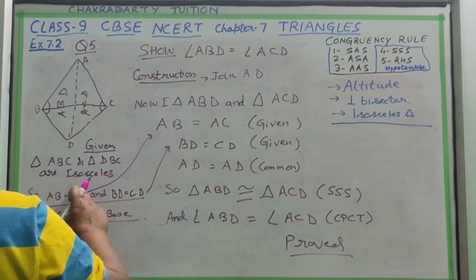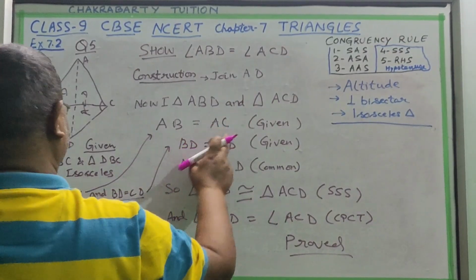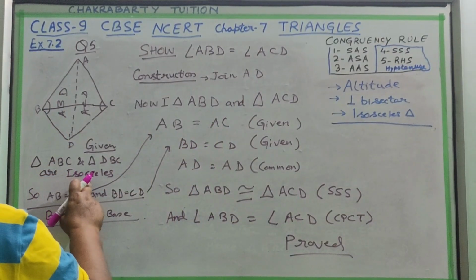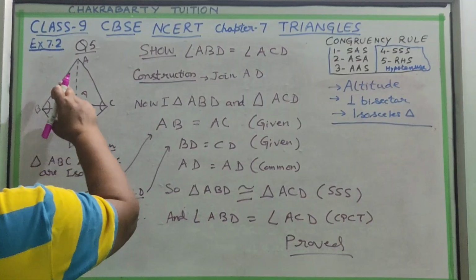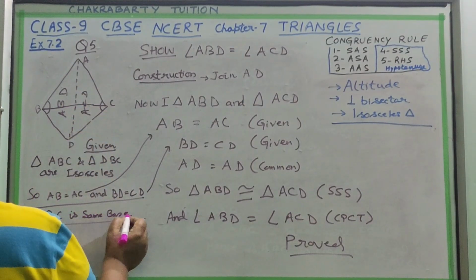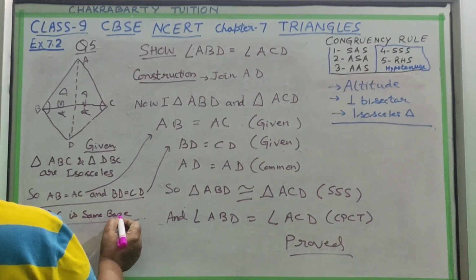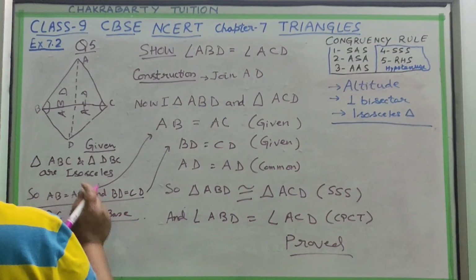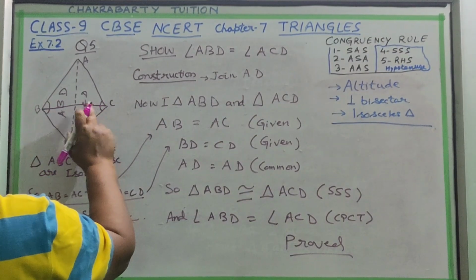Now here AB is equal to AC, it is given, because in an isosceles triangle two sides are equal. And it is written that BC is the common base. BC is common, meaning this line is not equal to anything else.